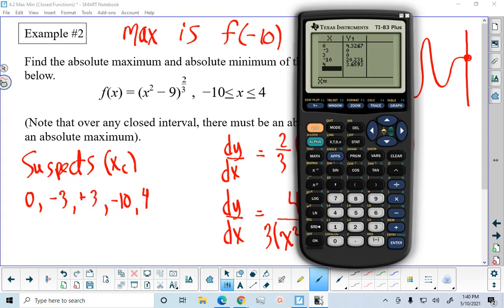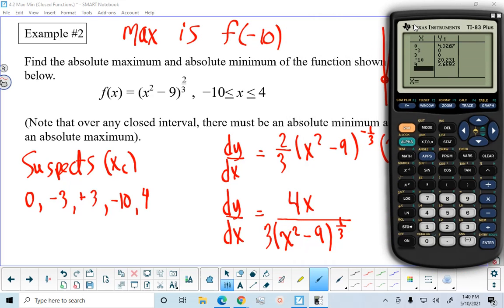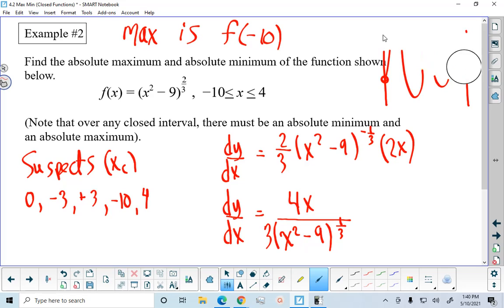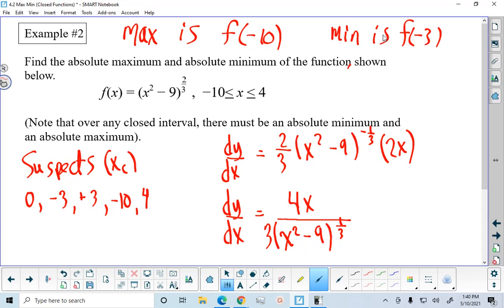So the absolute minimum is f of -3 or f of 3, which is 0. The min is f of -3 or f of +3, which is 0.